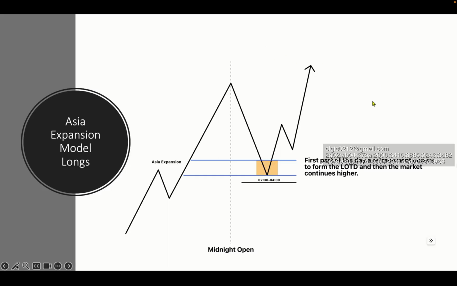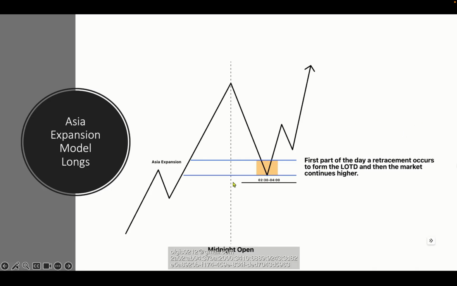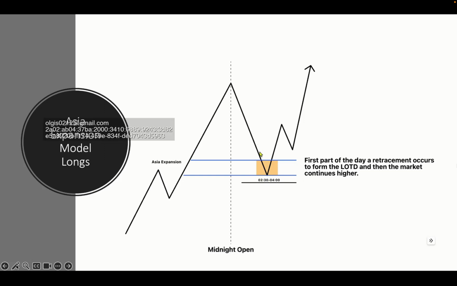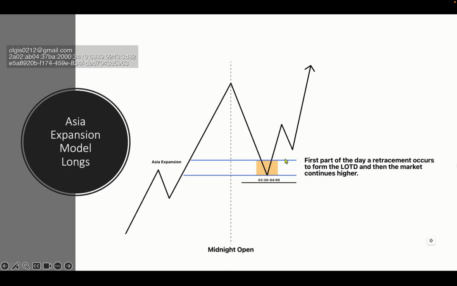If you are looking at London for example, EU or GU, then you will notice that when you have established that a higher time frame POI is, for example, a BC that formed during Asia, during the first 90-minute cycle of London, which is 2:30 to 4, if you fractalize that 90-minute cycle into 30-minute windows, where you have 2:30 to 3, 3 to 3:30, 3:30 to 4, then if 2:30 to 3 doesn't yet trade into that imbalance, 3 to 3:30 will form the low, and from there on 3:30 to 4 will confirm the smart money reversal.